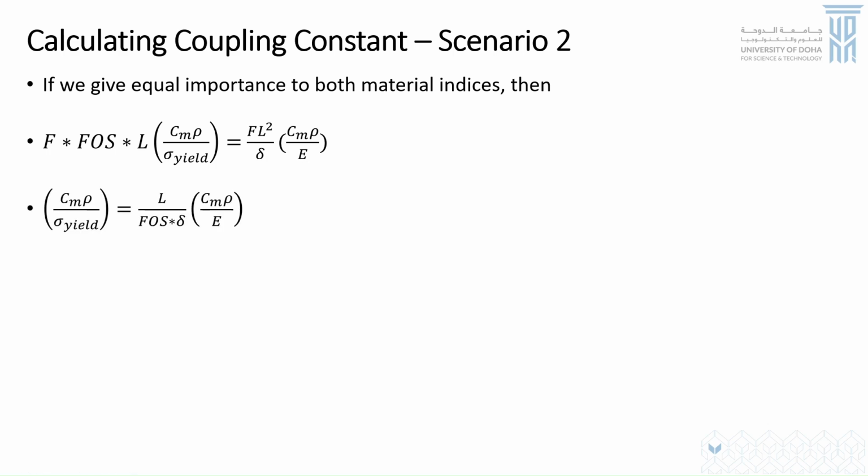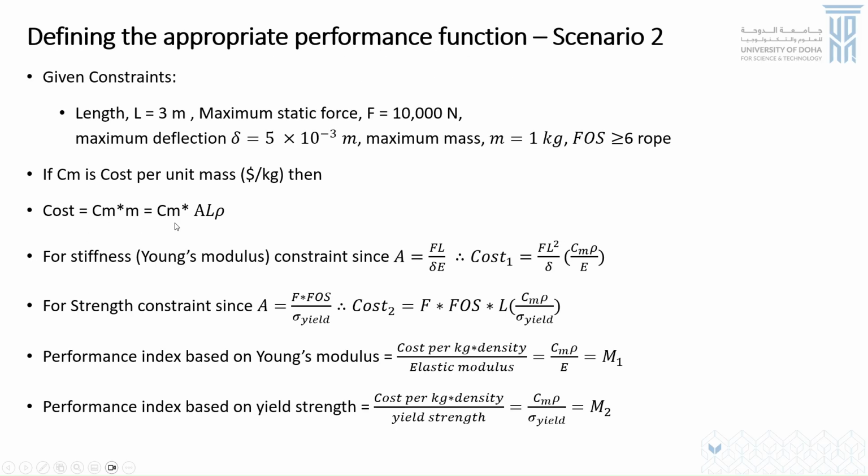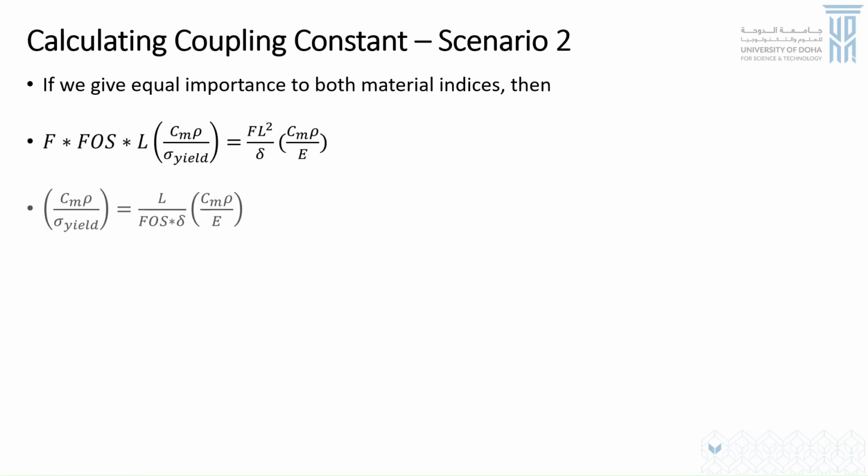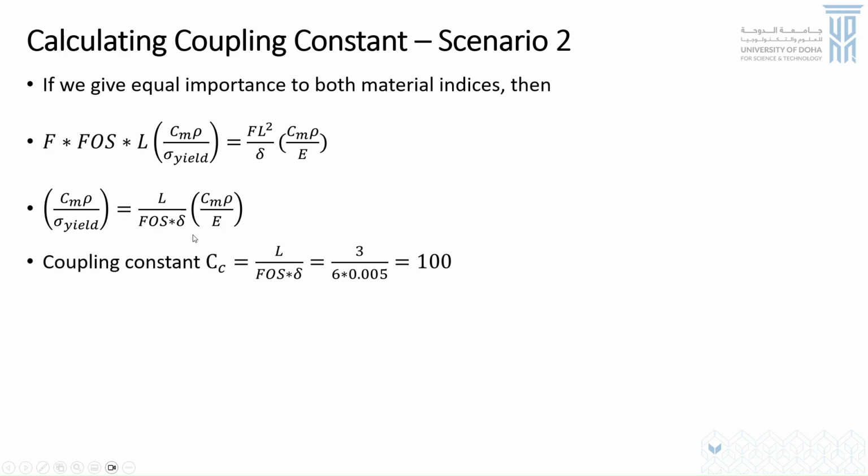We rearrange both the variables, and what we then get is Cm over rho into sigma yield, which is our M2, is equal to L over FOS into delta into M1, which is our material index 1. So this term L over FOS into delta actually defines our coupling constant. So this will allow us to place our line at the correct location on CES.